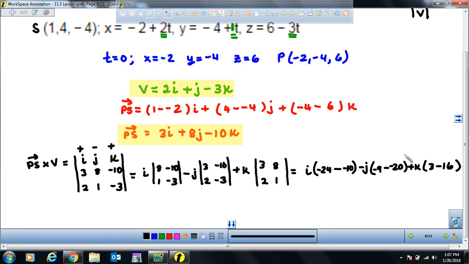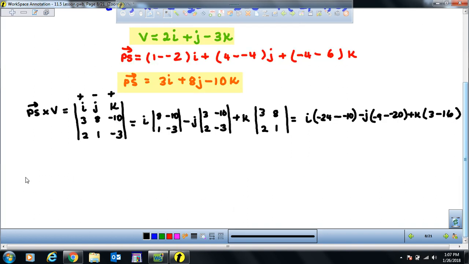Okay, and so we're going to get that the cross product of vector PS with V is going to be negative 24 plus 10, it would be negative 14. So it would be negative 14I, then negative 9 plus 20, that would be 11. 11 times negative J would be minus 11J, and 3 minus 16 is negative 13 times K, which is negative 13K. So last thing that we need to do on this guy, we need to find the magnitude of that cross product.